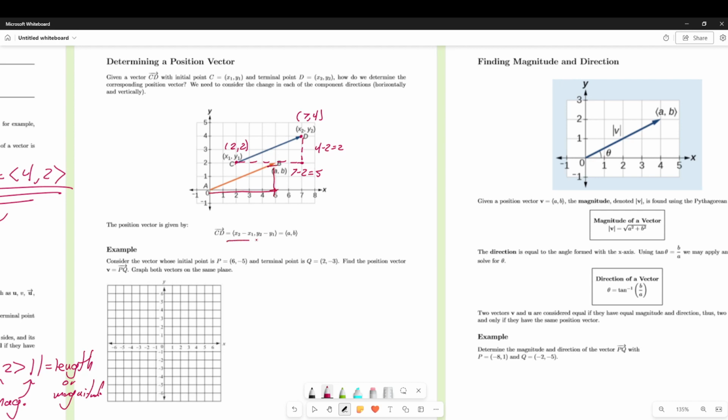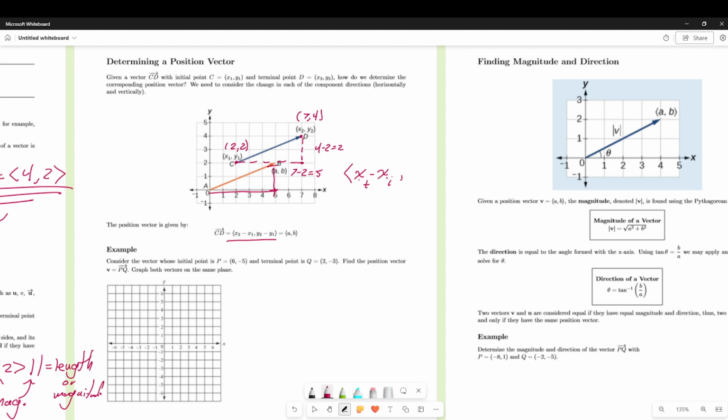So technically we have a formula for that, but we're really just taking the components. Take the two x values, take the ending x value, the terminal x value, subtract the initial x value. Notice they have x2 minus x1. Same thing, I'm just trying to be a little more explicit here. That 2 has to be the terminal and the initial. So it's end minus beginning.